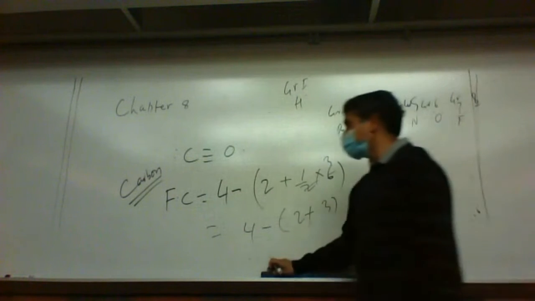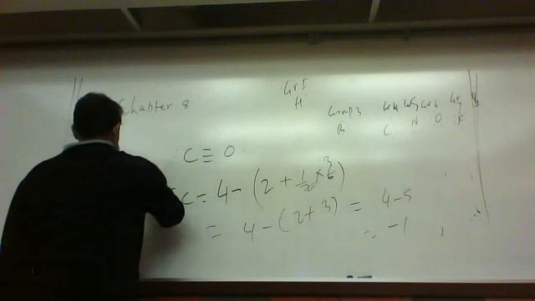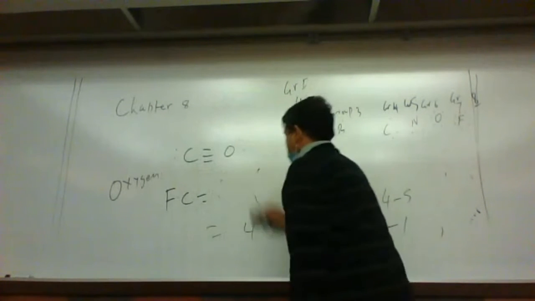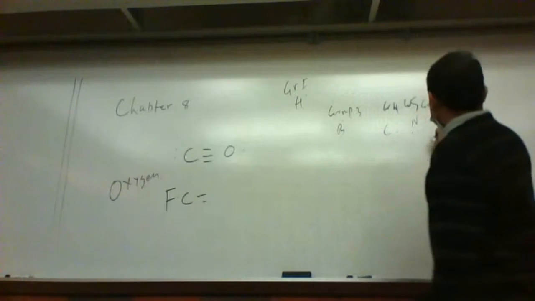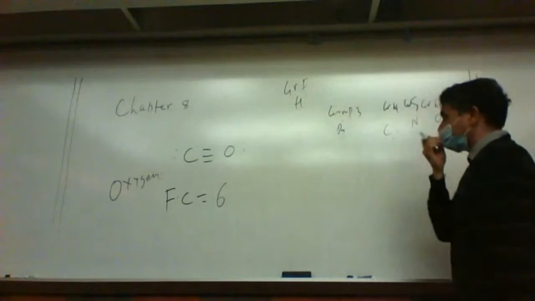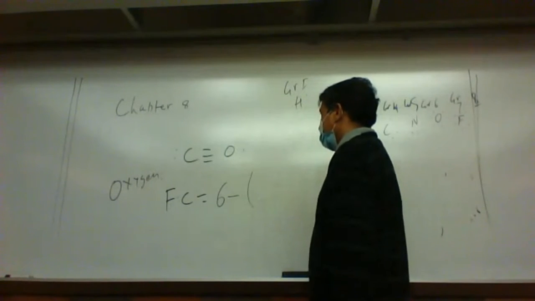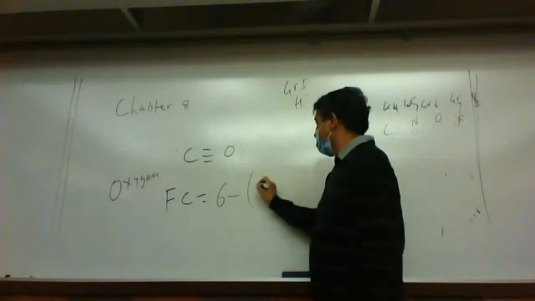Now let's calculate the formal charge for oxygen. Oxygen is 6, right? Around oxygen, there are 6 electrons in the valence shell, minus the lone pair. How many lone pair in oxygen here? 2, right? 1, 2.